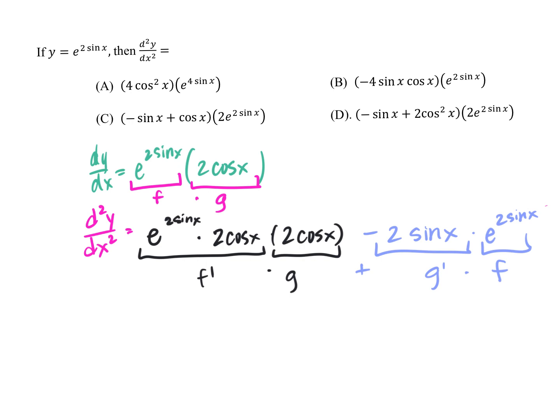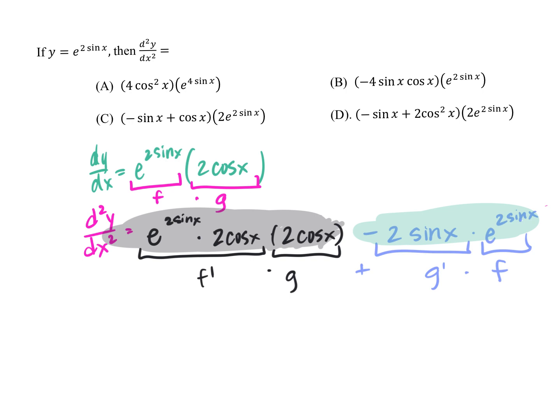Wow. Literally last period we were like, yeah, that doesn't look like an answer. Gross. Does this have anything similar to this? Do they both have something? They both have an e to the 2 sine of x. What else do they have?